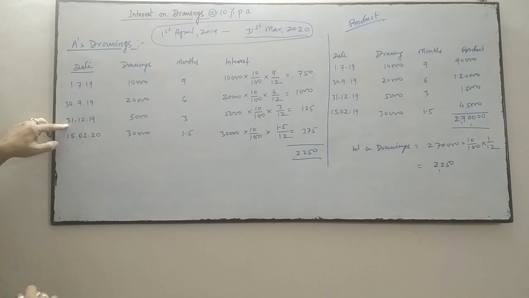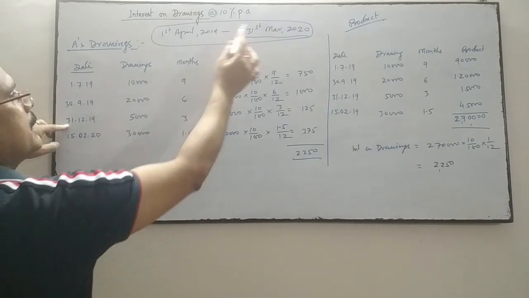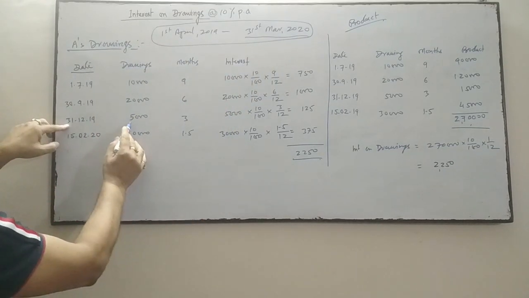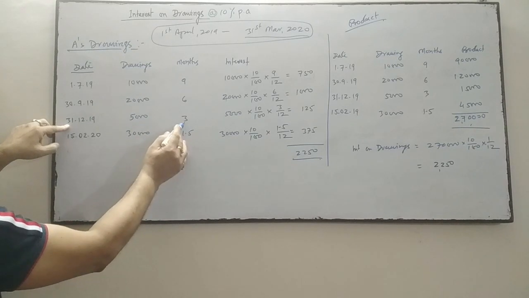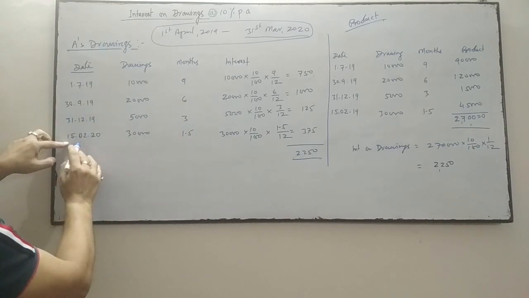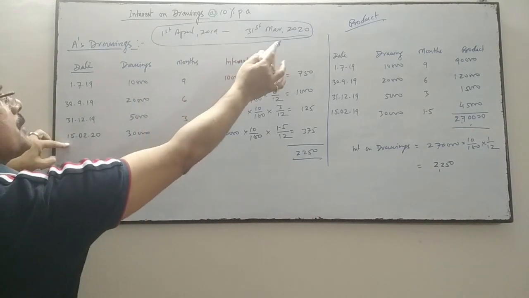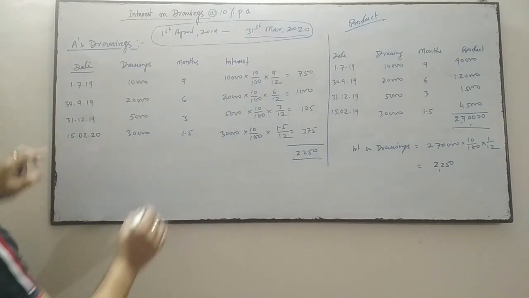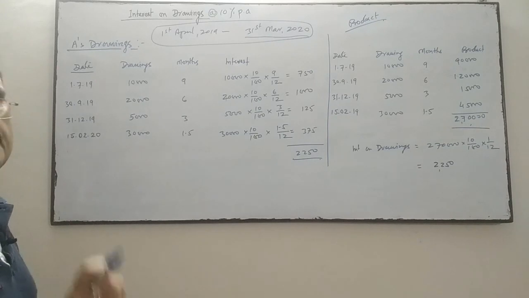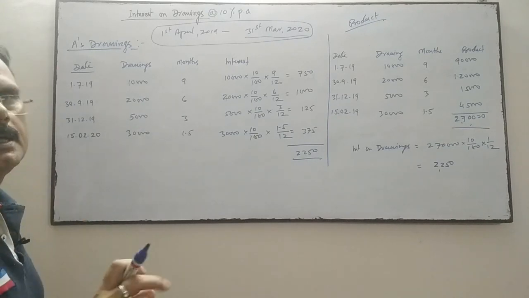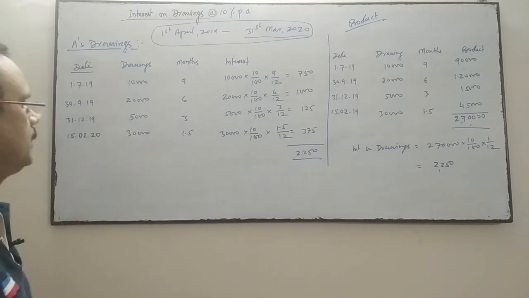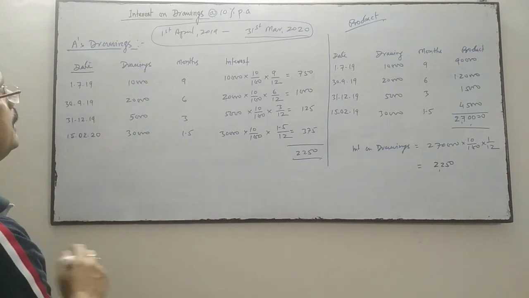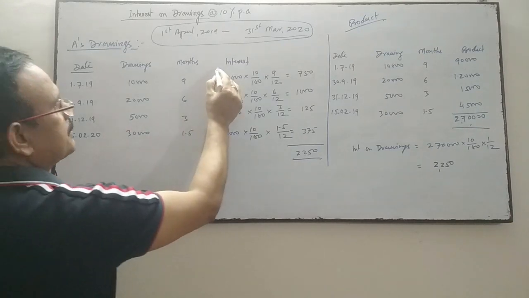Then 31st December 2019 to 31st March 2020, this amount is used for 3 months. 15th February 2020 to 31st March 2020, this 30,000 is used for 1.5 months, means February 15 days and March whole month. So 1.5. Now interest.